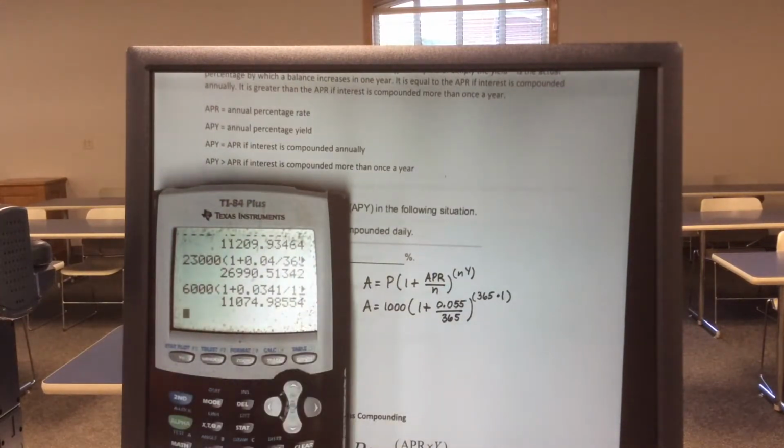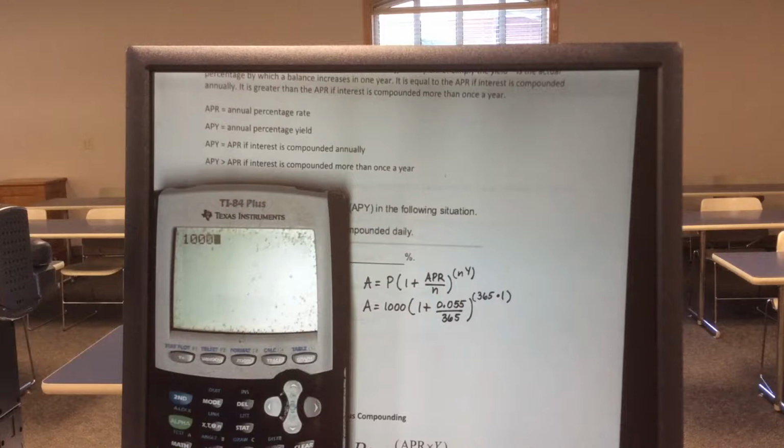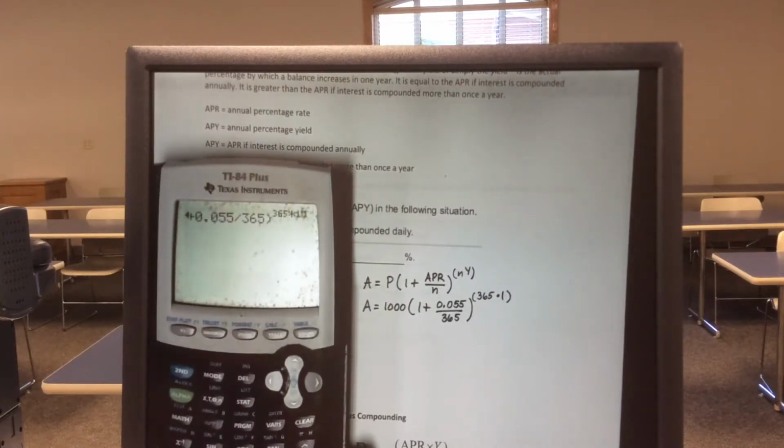So if I type all of that in the calculator, let me clear this out. We'll do 1,000, left parentheses, 1 plus 0.055 divided by 365, and then close the parentheses. Use your hat key for the exponent. 365 times 1. Now that can be done with or without the parentheses.